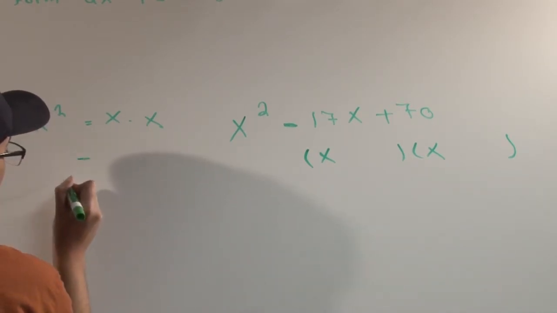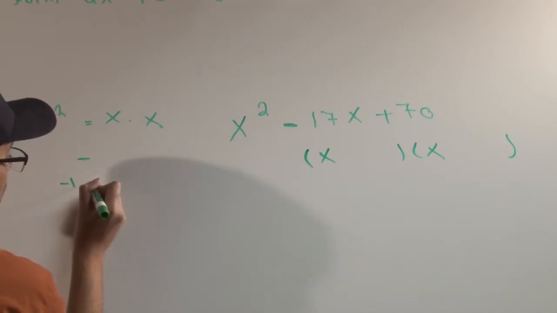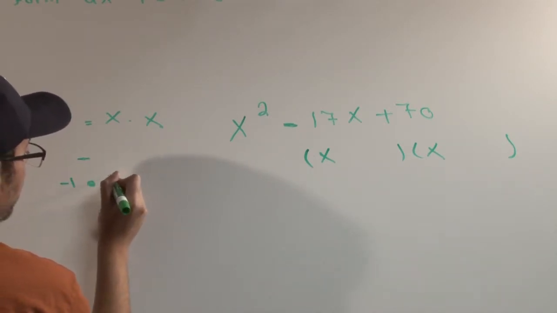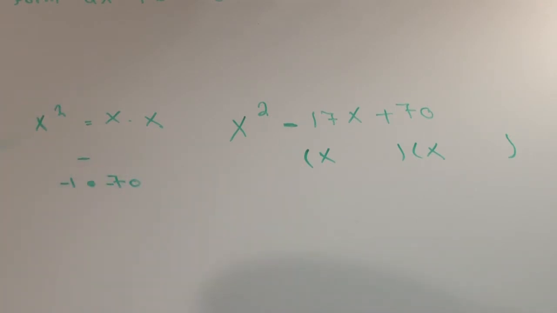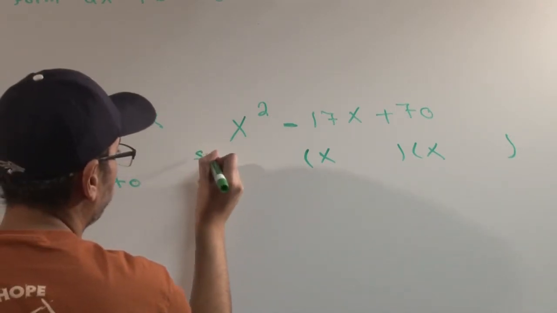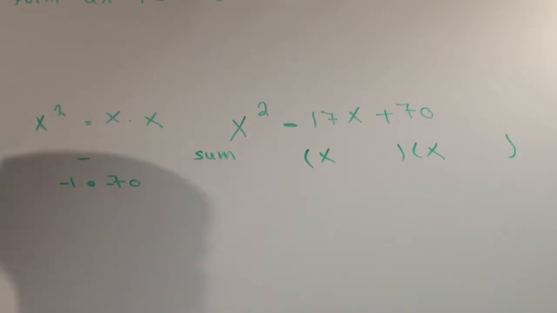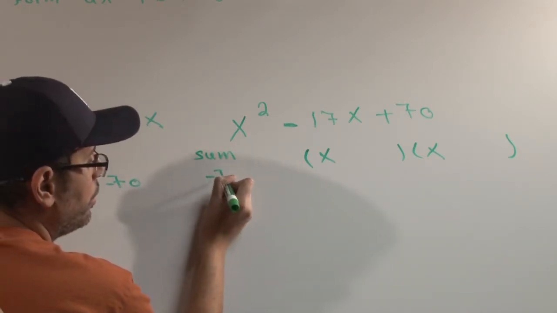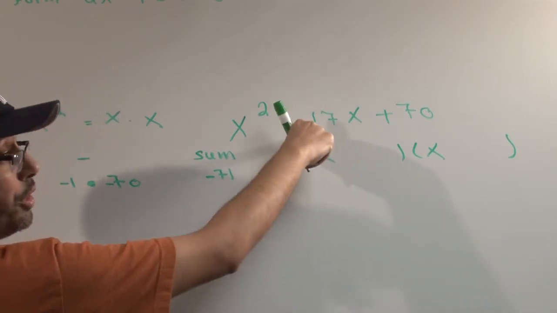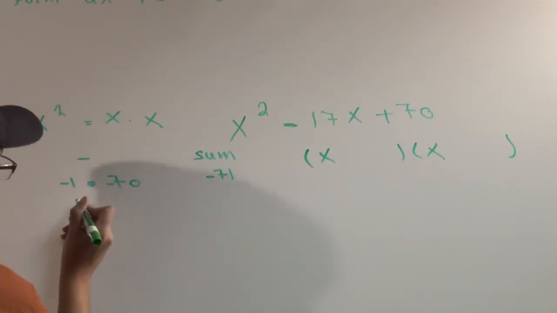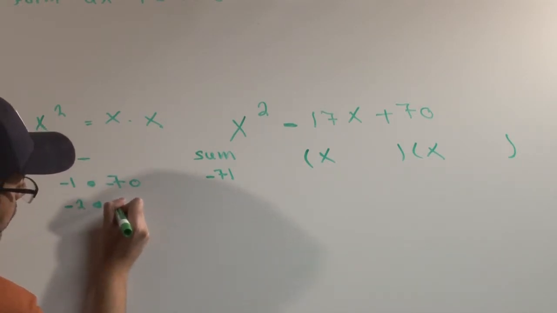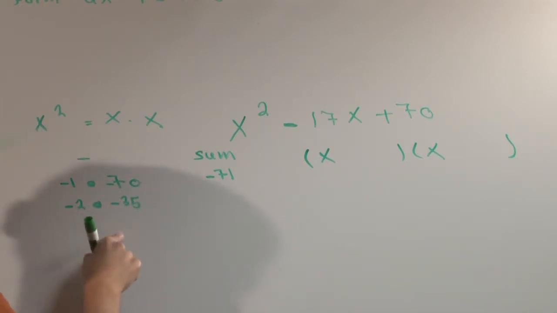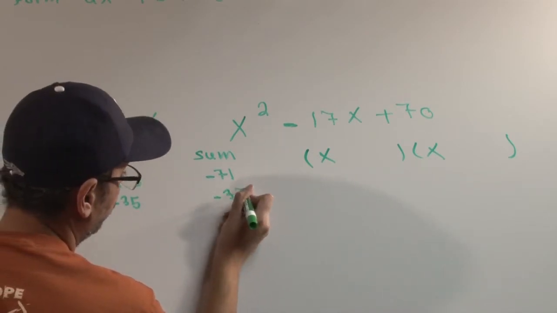This is minus, so that would be negative 1 times negative 70. And here is the sum. What is the sum here? Negative 71. Is that negative 71? Nope, doesn't work. Negative 2 times negative 35. That would be negative 37. Nope, doesn't work.